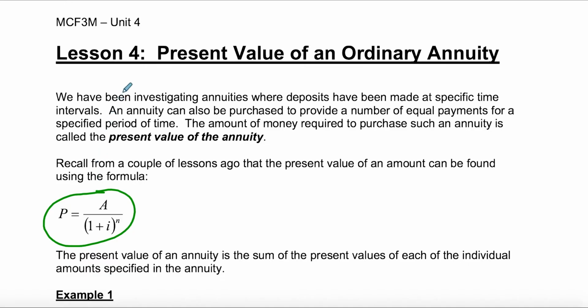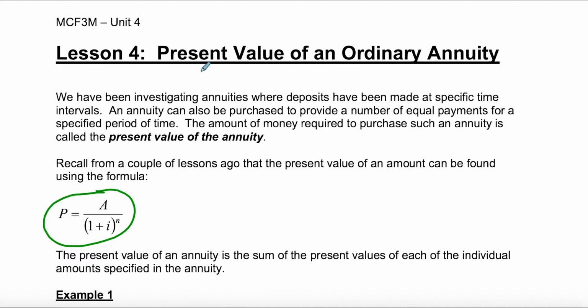Then we looked at what an ordinary annuity was. So lesson 3, we were looking at making regular deposits into an account that is earning interest, and then how much would you have later on if you paid at the end of every month or at the end of every year. Those regular payments are what make it an annuity.